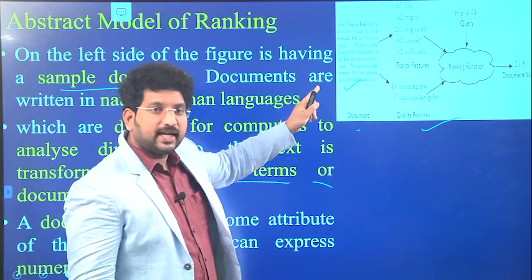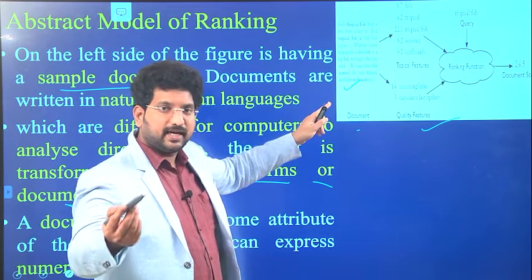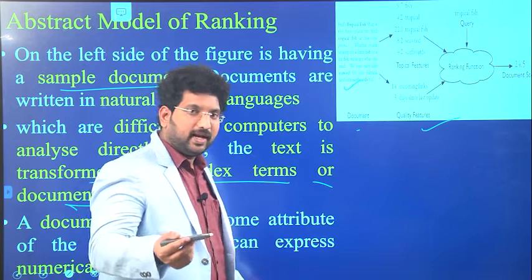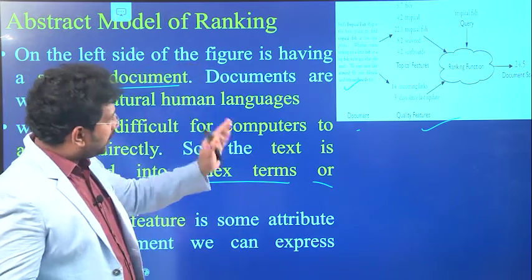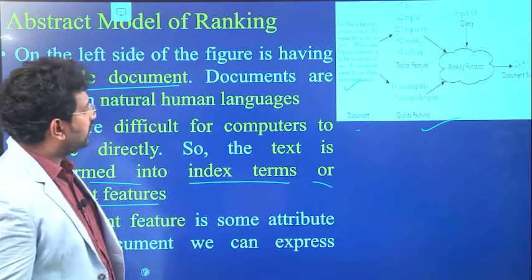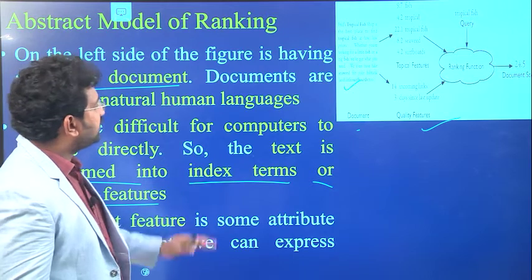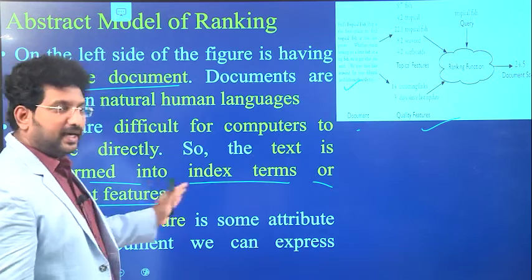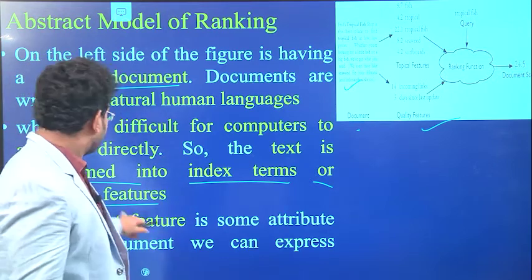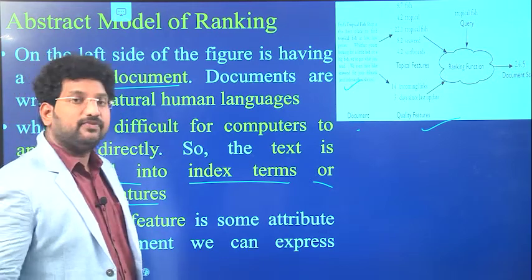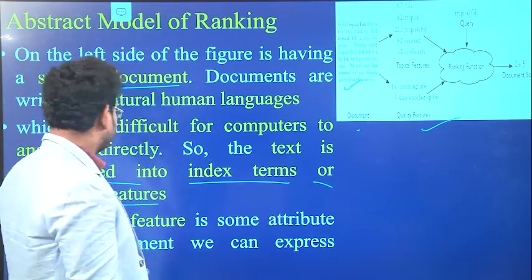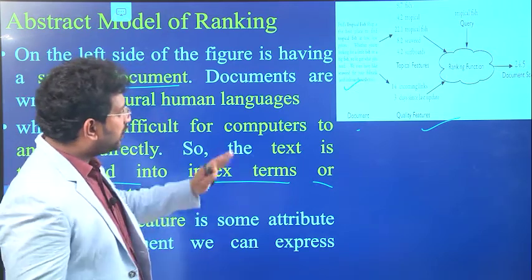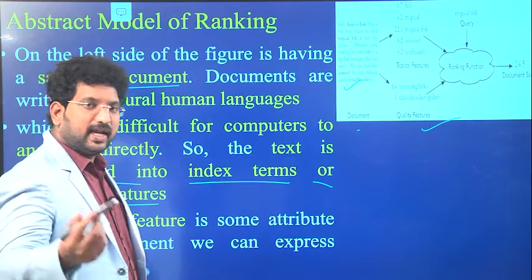It is a difficult task for the computer to understand that language. That's why the text is converted into index terms or features, or we can simply call them document features. And what is a document feature?